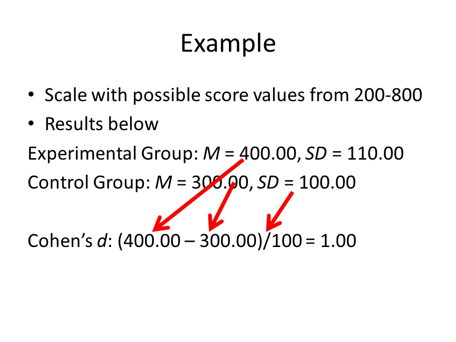We have researcher B who studied the same phenomenon as researcher A, but used a scale with scores that range from 200 to 800. So researcher A we had in the earlier example, and researcher B has now used the scale with possible score values from 200 to 800. And so we have the results of their experimental group and the control group, and we have calculated their Cohen's d.